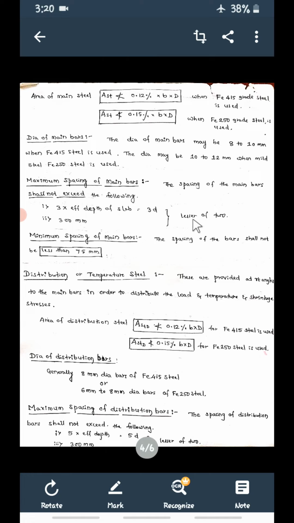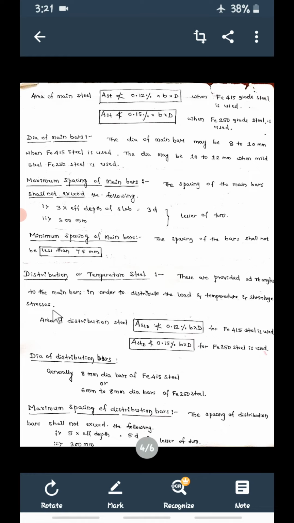Next, distribution steel. This was regarding main steel: we can calculate the area of main steel from these two, and the maximum spacing from this. Then distribution or temperature steel. These are provided at right angles to the main bars. Main bars are provided along the shorter span, and perpendicular to the main steel, distribution steel will be provided, in order to distribute the total load and to take the temperature and shrinkage stresses.